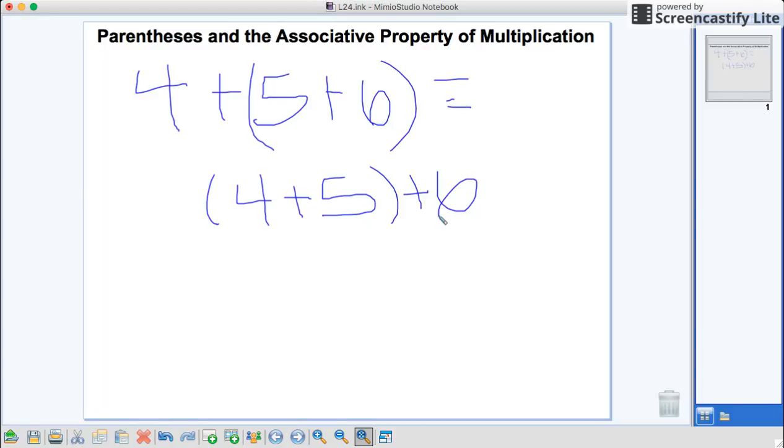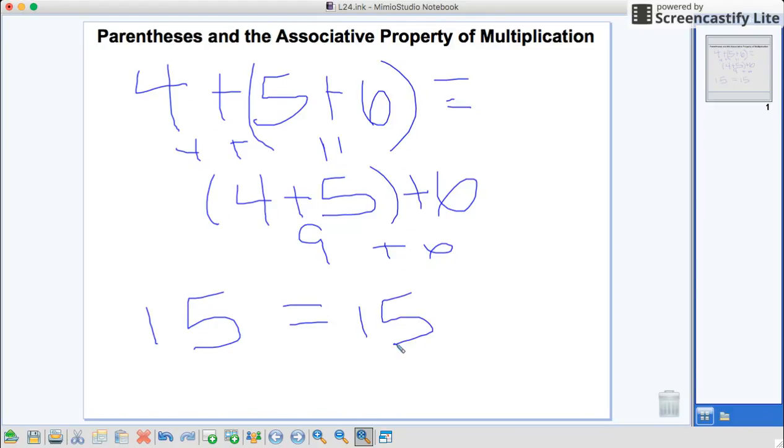Well, let's see if that's true. 5 plus 6 is 11. Plus 4. Here we have 9 plus 6. Well, 4 plus 11 equals 15. And 9 plus 6 equals 15. So there you see it did not matter where we put the parentheses.